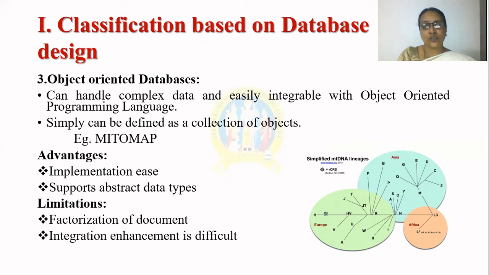The advantage of object-oriented database design is that the implementation is very easy. It supports abstract data types. However, there are some limitations too. There is a requirement for factorization of the document. The integration enhancement is also pretty difficult in this type of design.